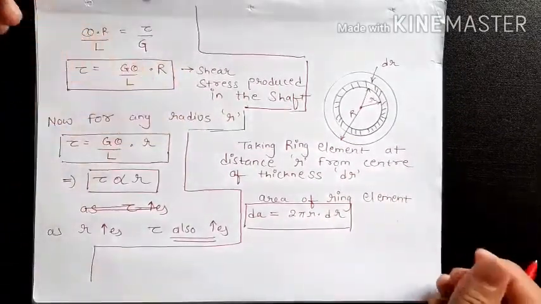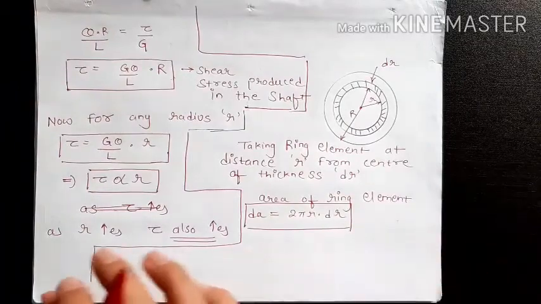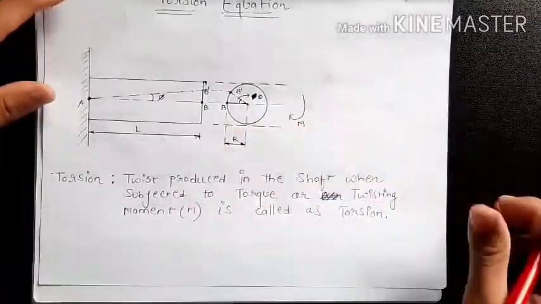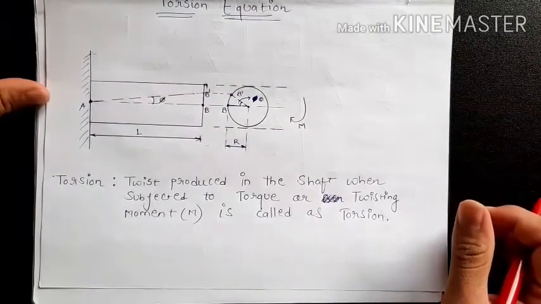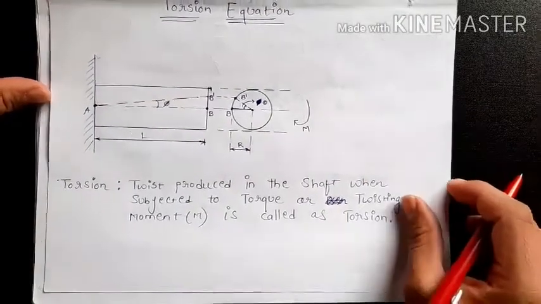Now as we apply a twisting moment, the shaft will also resist and produce a shear force.